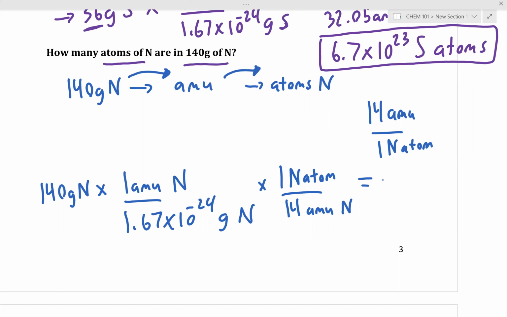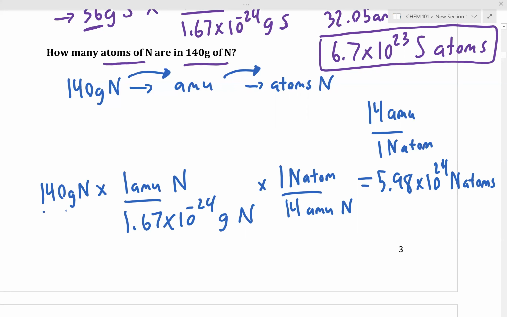To complete this string, we're just going to divide by 14, which is our atomic mass. So in the end, you should get about 6 times 10 to the 24th. Does that match what you've observed in your calculator? Okay. So let's write out our response. So we have 5.98 times 10 to the 24th, and the units are nitrogen atoms.